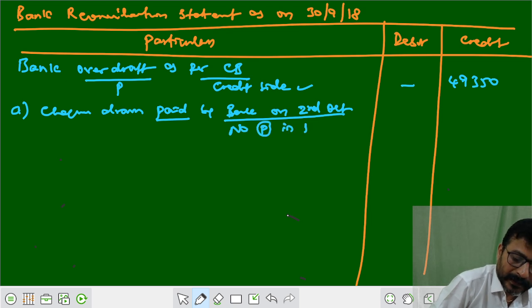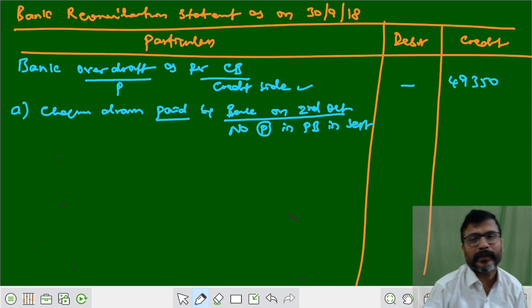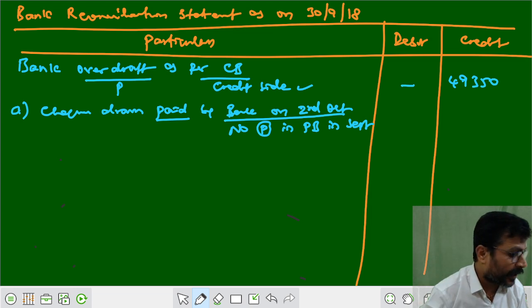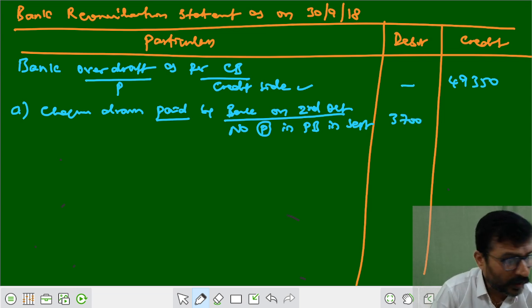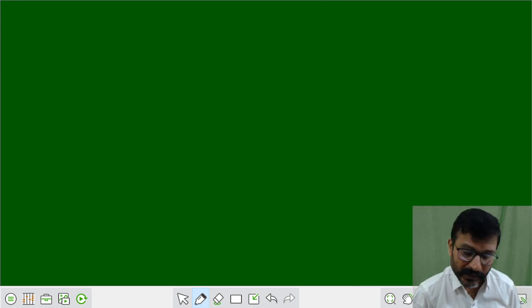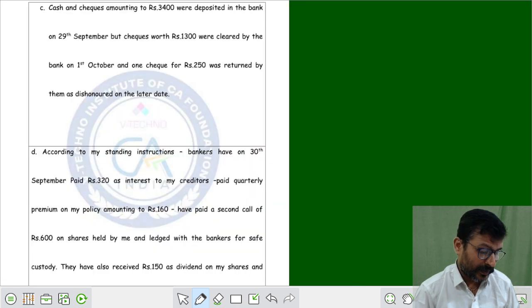No payment in passbook in September, so no debit. We have to take it on the debit side. The amount is how much? 3,700 rupees. Now let us move on to the next concept of the problem.